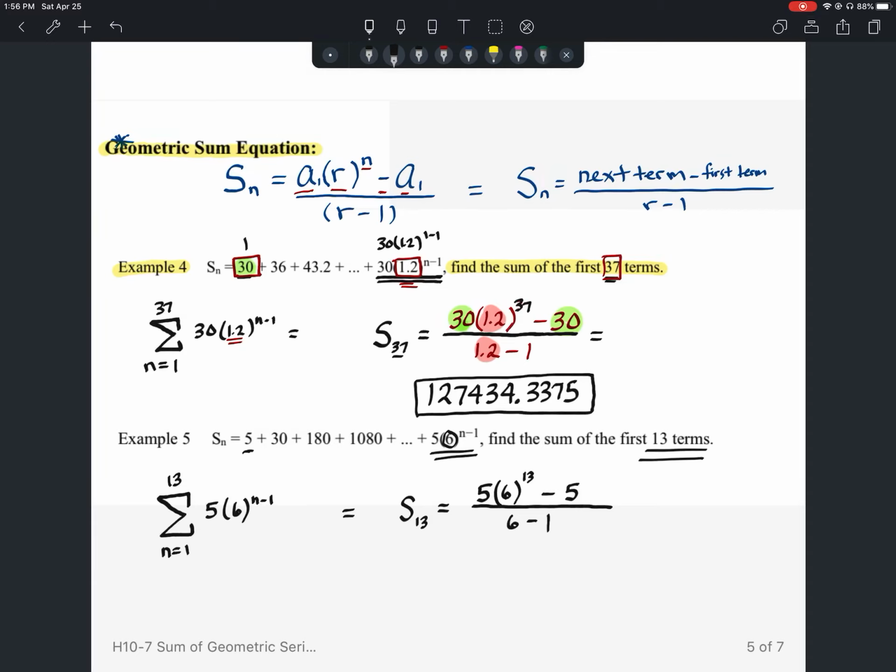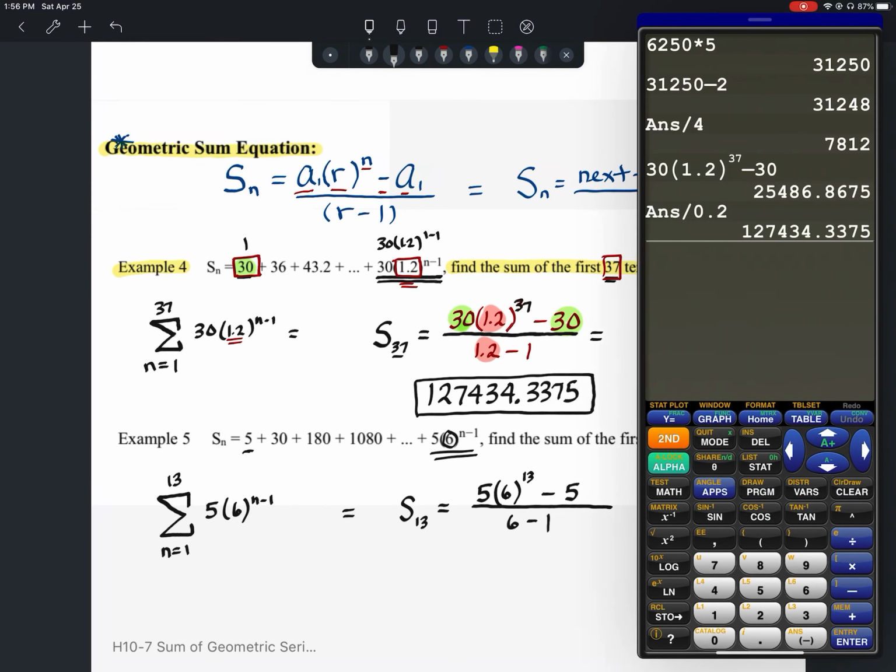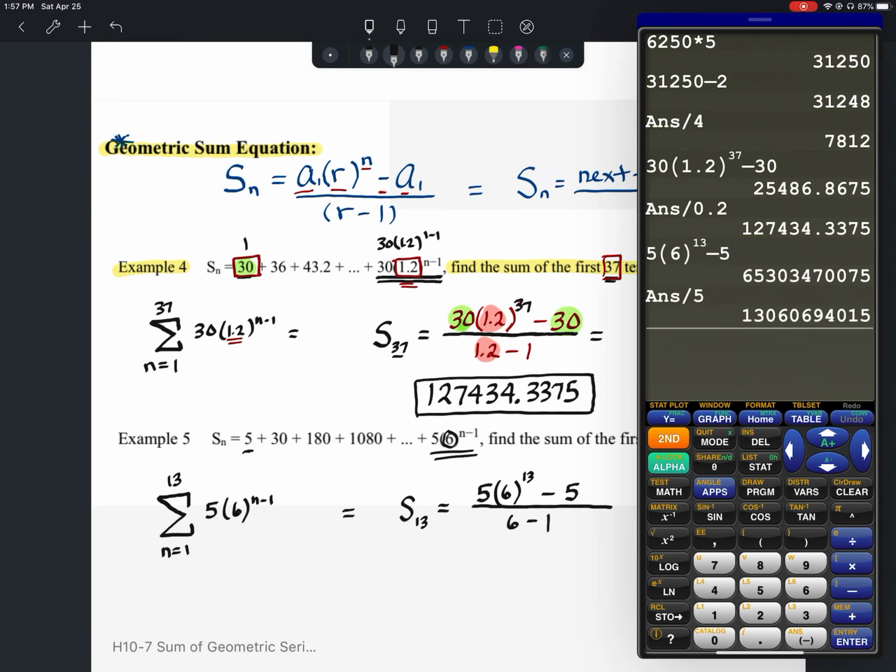Now we'll simplify it down, or you can use the calculator to get it. With this one you could probably reduce it down, but we'll just use a calculator. I know you're more comfortable with that. So let's do 5 times 6 to the power of 13, and then subtract 5. That's a pretty big number, and then we divide that big number by 5. And we get another pretty big number still.